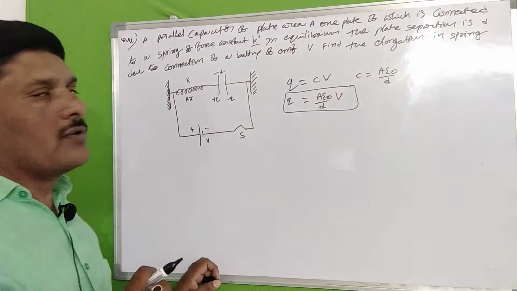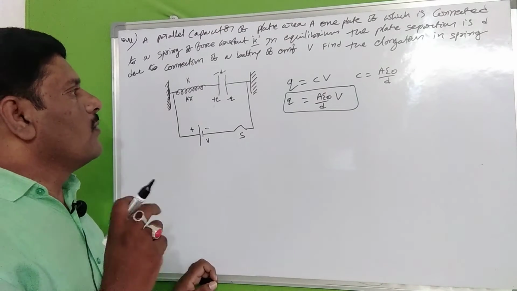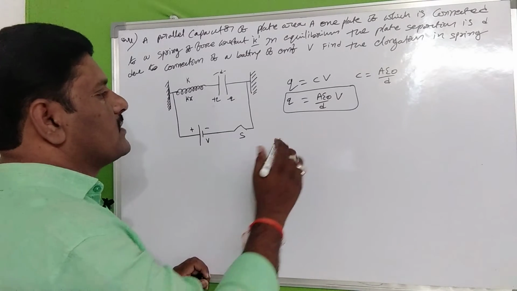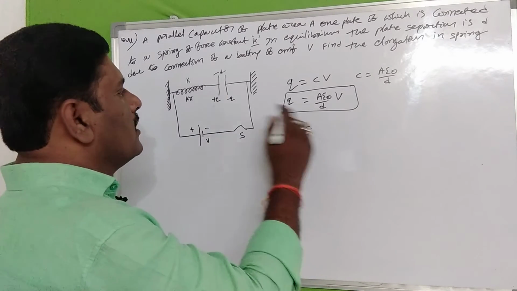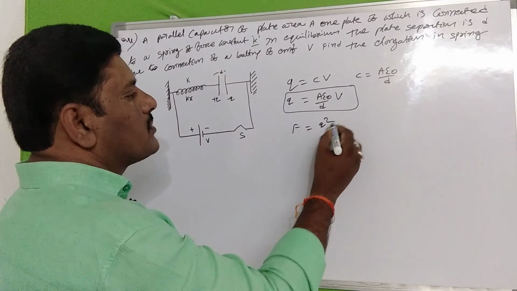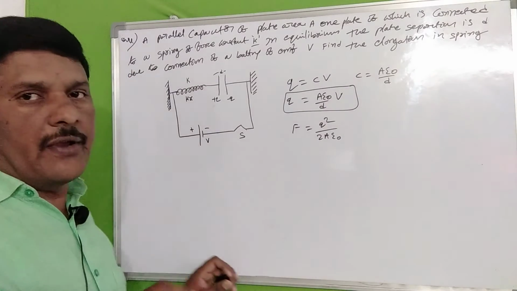Now we find the elongation of the spring. According to electrostatic force for a parallel plate capacitor, F equals Q square by 2A epsilon naught. Already we proved that.